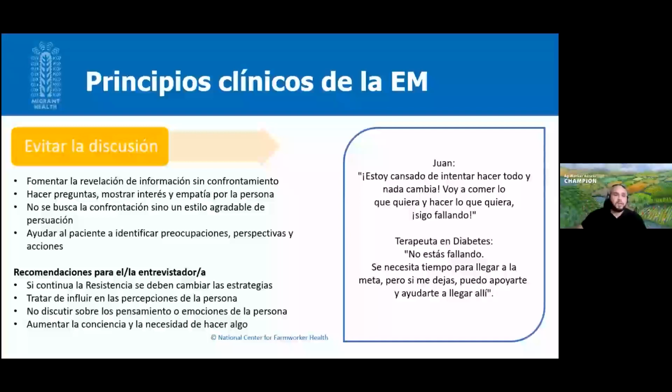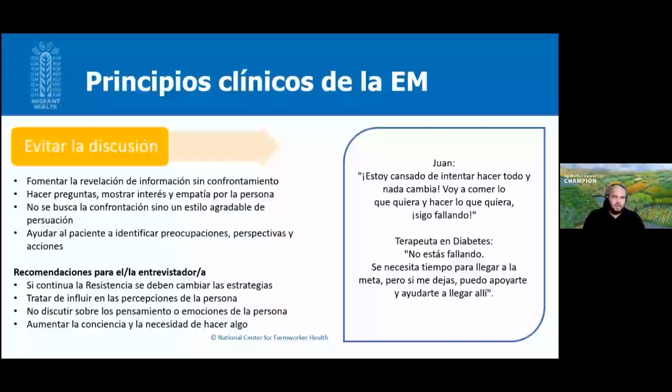And then how do I continue with this process? So it is important for the counselor or therapist to understand at what stage in the change process the patient may be. We need to avoid any type of posturing to defend our own points of view.